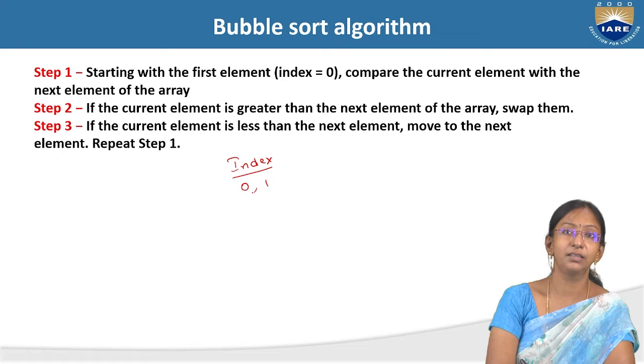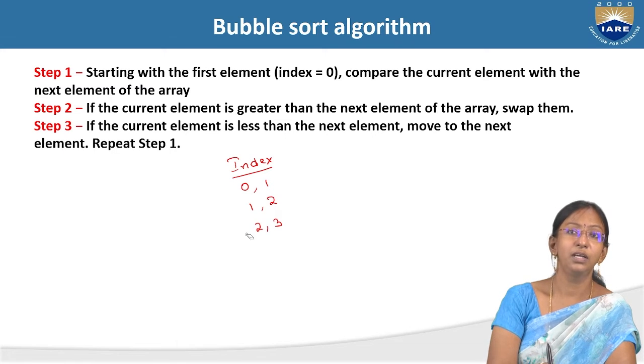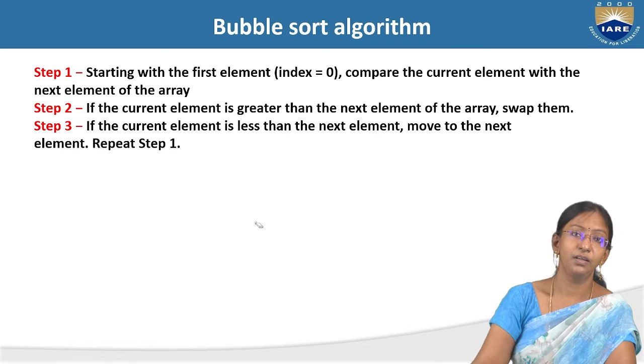Then go for the next comparison between the elements at index values 1 and 2, then 2 and 3, and so on. This will go on for iterations until you sort the whole list, right?